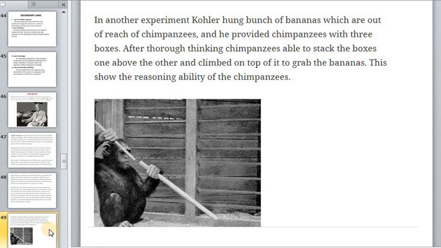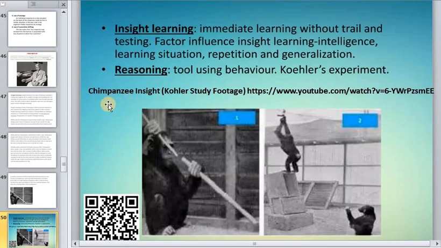In another experiment, Köhler placed a bunch of bananas out of reach of the chimpanzee, and he had to connect these bamboo sticks to each other, and with these sticks the chimpanzee was able to grab the bananas. I will leave the links in this video, and you can watch the video of how this chimpanzee does this.